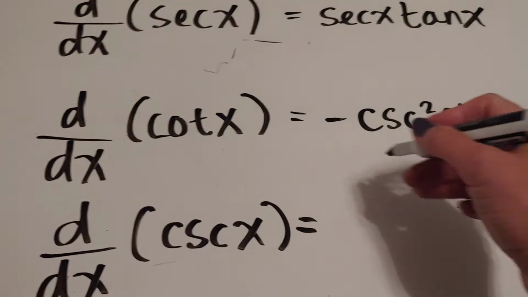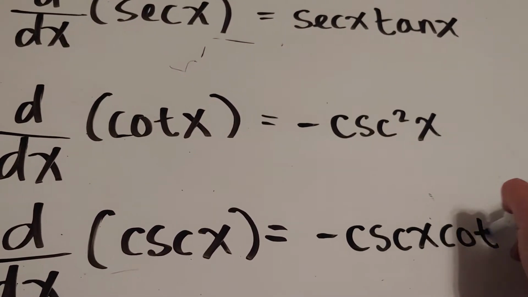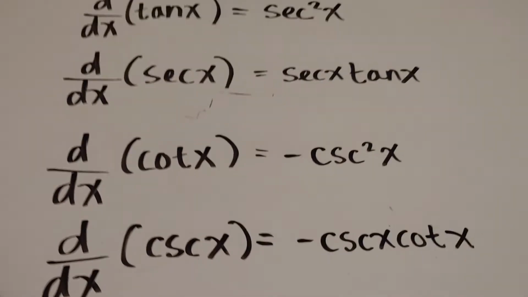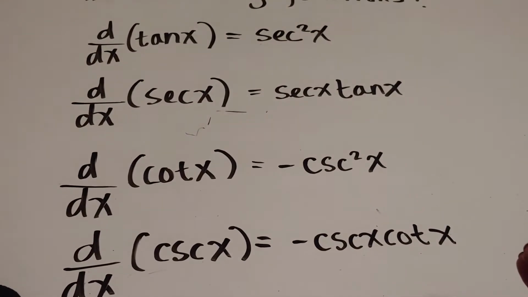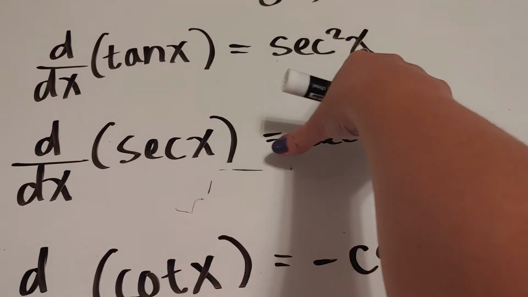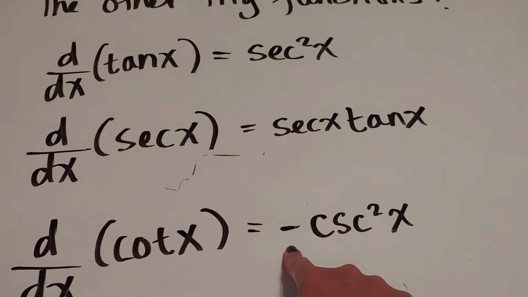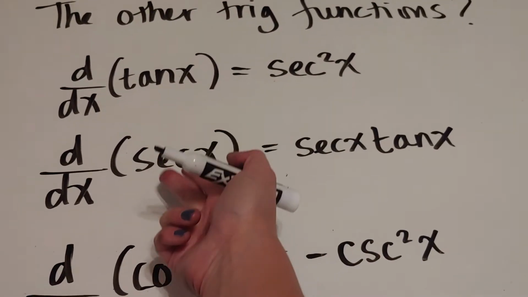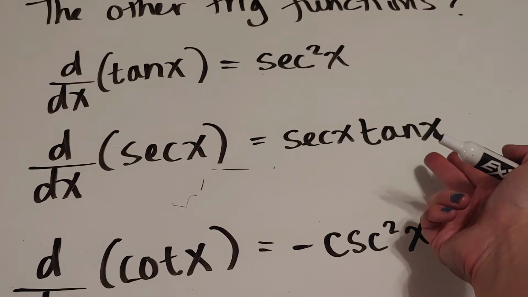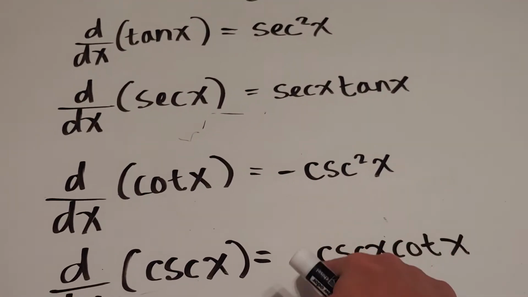And the derivative of cosecant is negative cosecant x cotangent x. There are some actually nice patterns that happen here. You'll notice the derivative of tangent is secant squared. We know these guys are married. The cotangent is cosecant squared, but it's got a negative. The secant is secant x tan x. The cosecant is cosecant cotangent x, but it's got a negative.